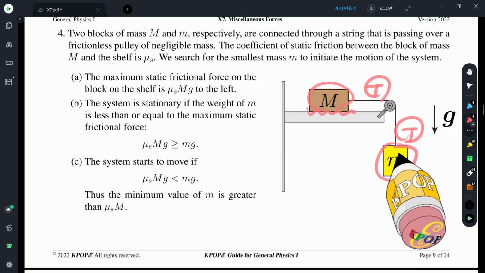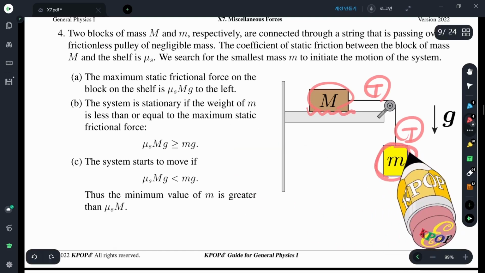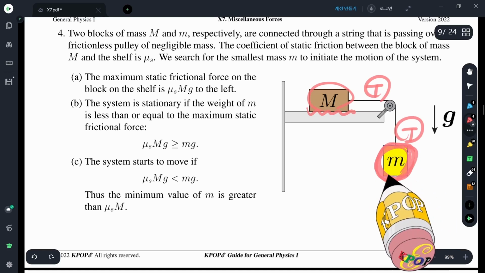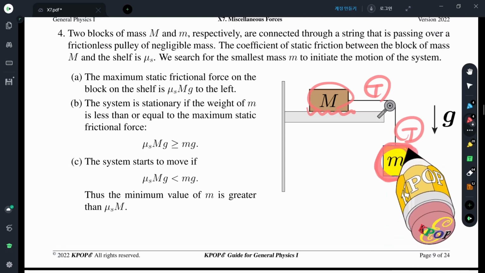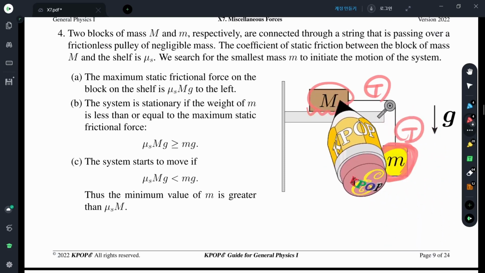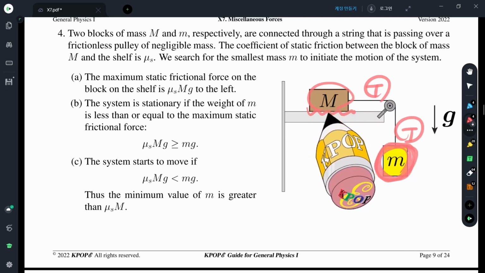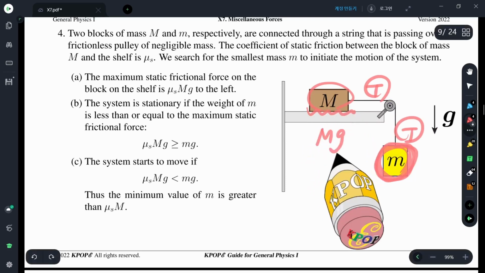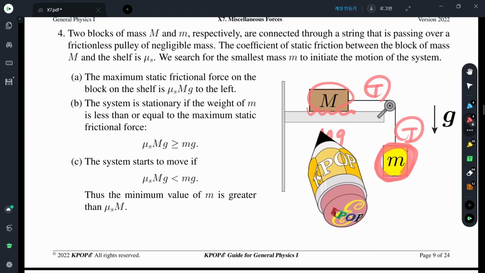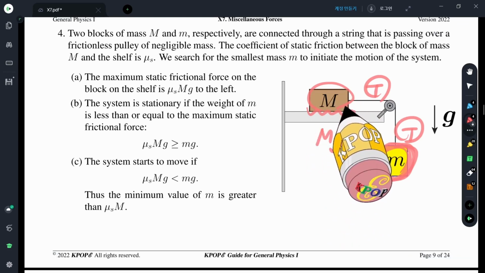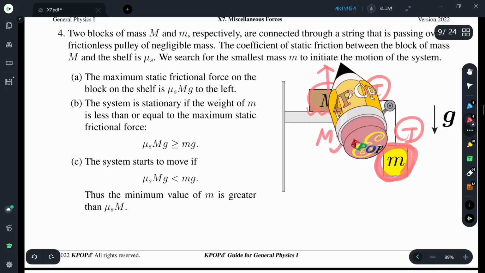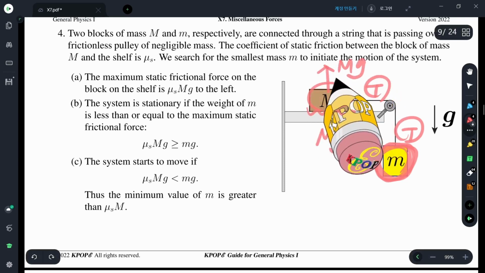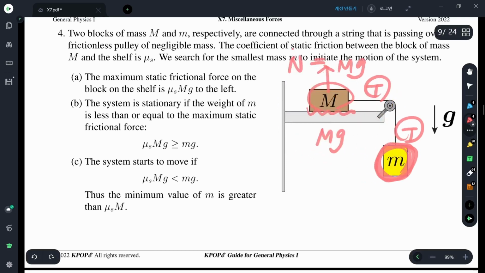So when we increase the mass of the small block hanging on a string, we have mass capital M. mg is the weight of this block. The same amount of force is the normal force.